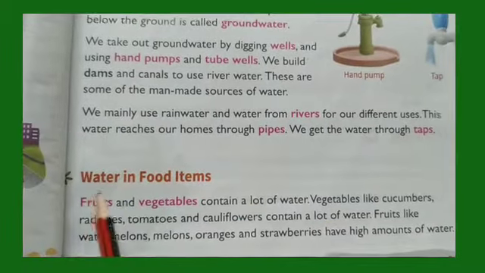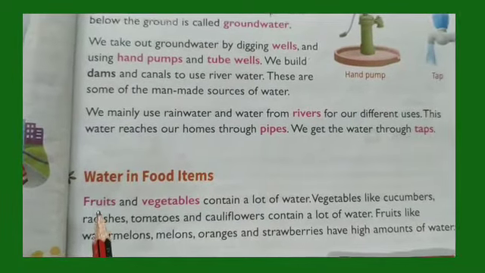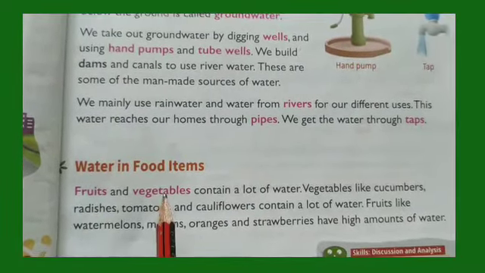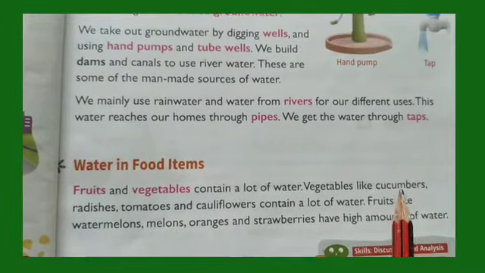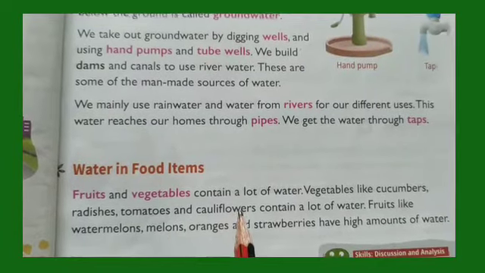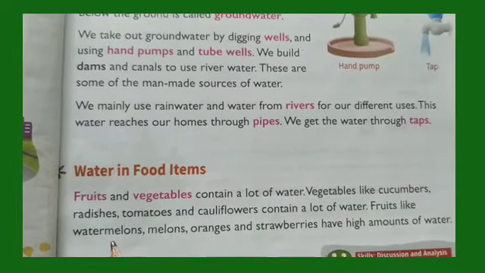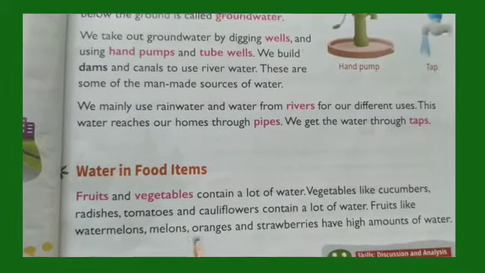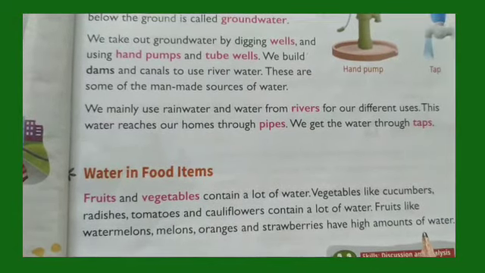Fine. Water in food items. So we know that fruits and vegetables contain a lot of water. Vegetables like cucumbers, radishes, tomatoes and cauliflowers contain a lot of water. Fruits like watermelons, melons, oranges and strawberries have high amount of water.